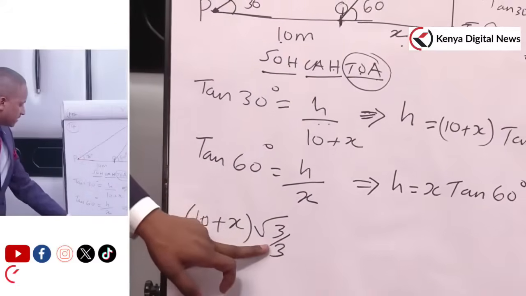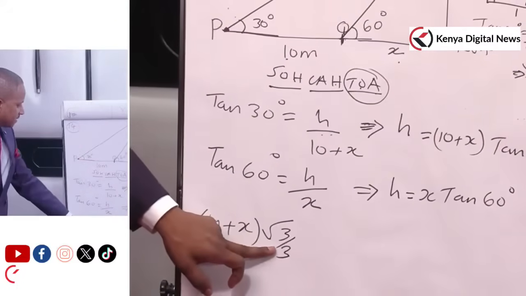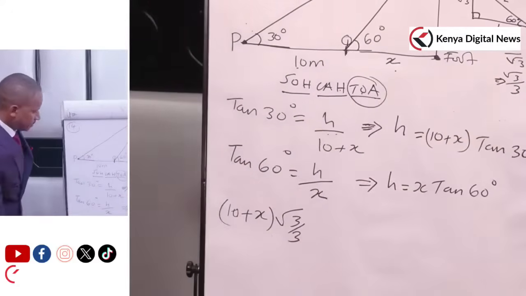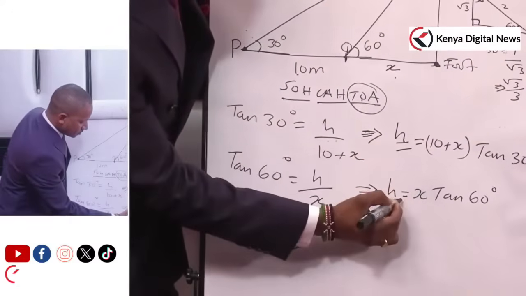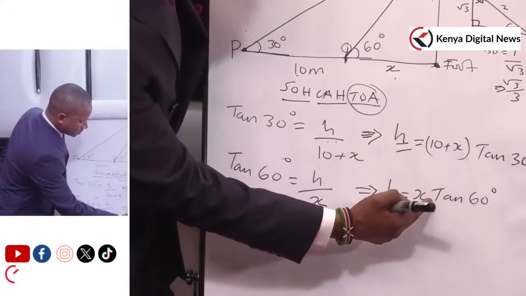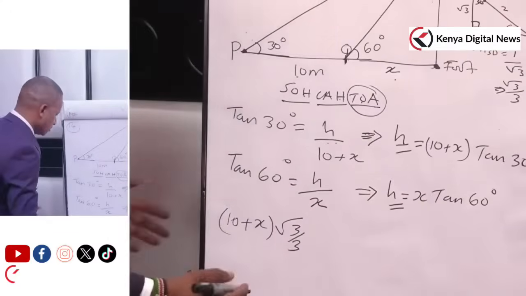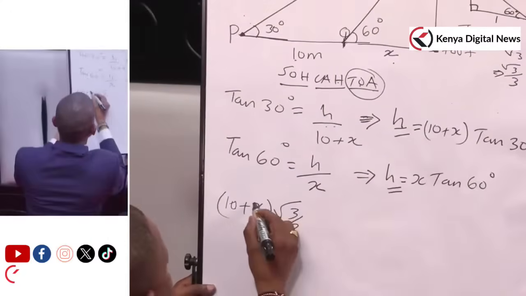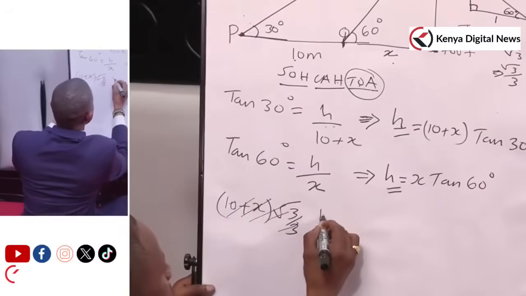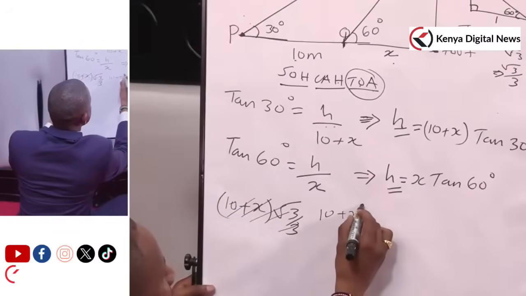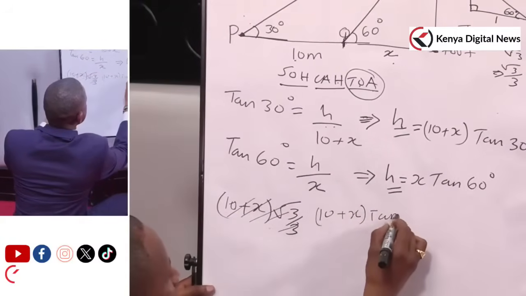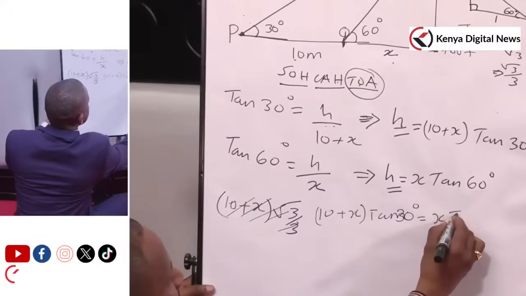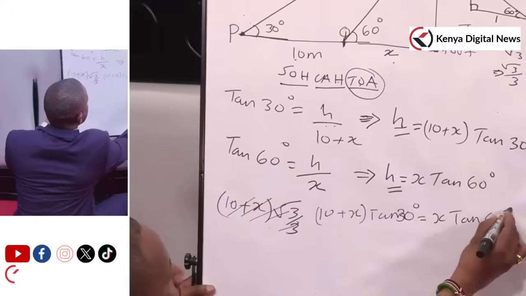Root 3 over 3. We've said root 3 over 3 is tan 30. So we want to equate this height to be equal to this height. Therefore, this equation is equal to this equation. So let me equate them first. So 10 plus X tan 30 degrees equals X tan 60 degrees.